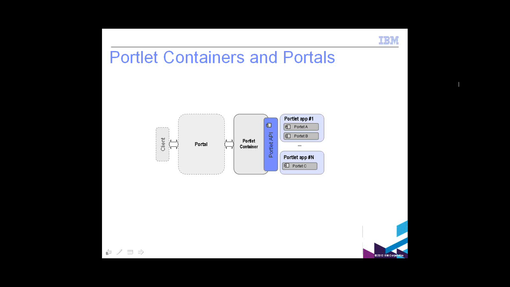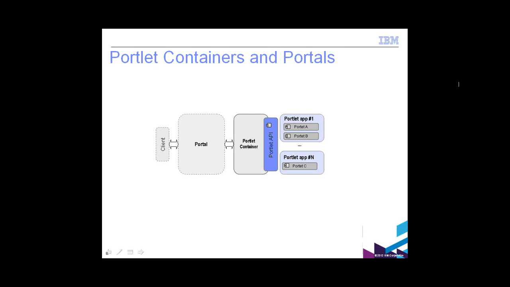Now, why the portlet container? If you notice, the portlet container is the one talking to the portlet applications running inside it. And the blue rectangle is the portlet API or the portlet specification. Recall what I mentioned in the previous slide, the portlet specification is what allows the portlet container to speak to the individual portlets.